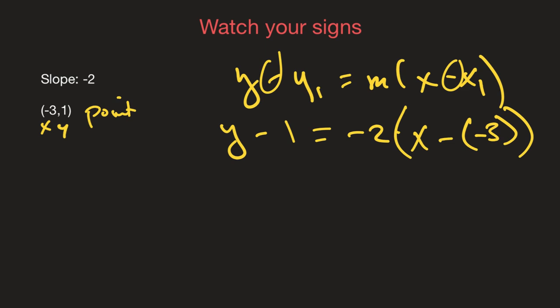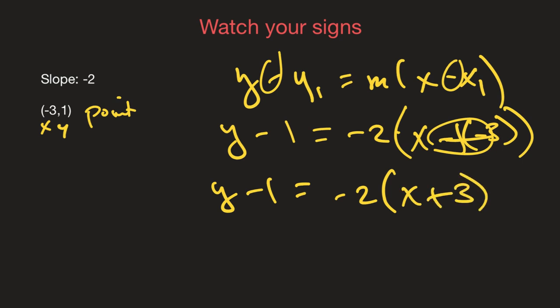On the front end, we're good. Y minus 1 equals negative 2. X minus negative 3 really is what? What does minus and negative become? That becomes one big plus sign. So inside that back set of parentheses, we're going to have x plus 3.